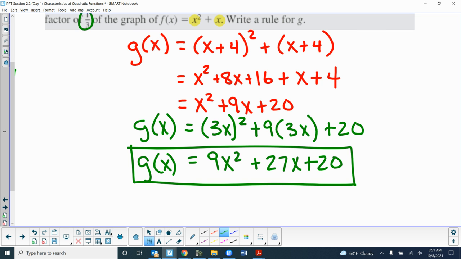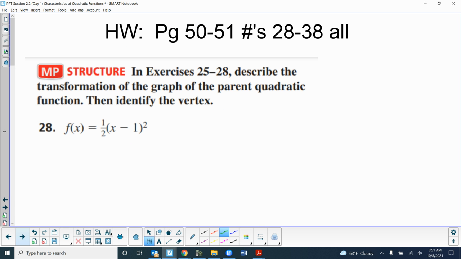Okay? Now, you were supposed to also on your homework, it said find the vertex. Which we'll show you on the homework problems if you need me to. All right? So, 28, just describe the transformation of the graph, then identify the vertex. Okay?